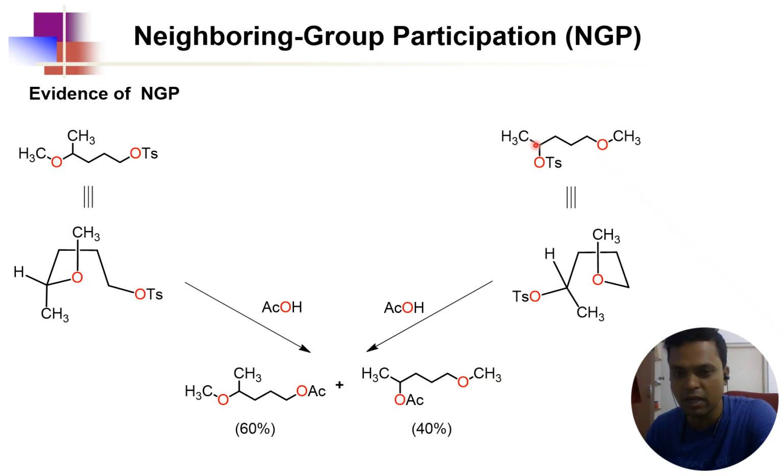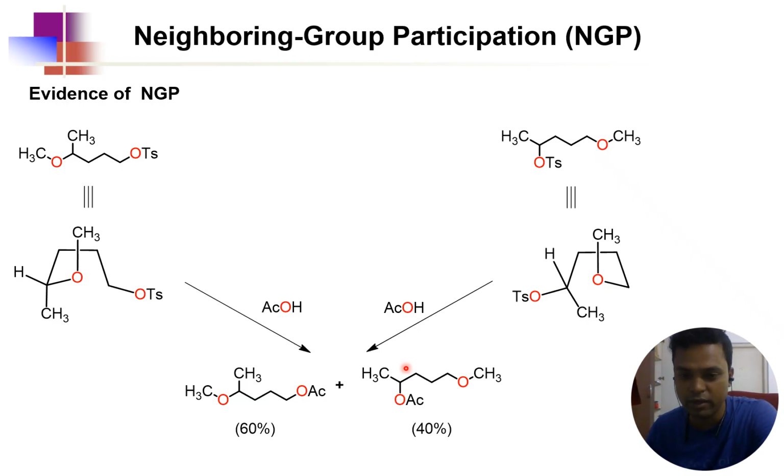Now the methyl is close to the OTS. Here it is a primary tosylate group, and here we have a secondary tosylate. You can also rearrange this molecule into this particular conformation, and the oxygen lone pair can attack from this side, and you can have a similar product.